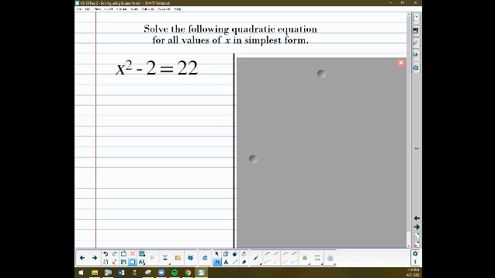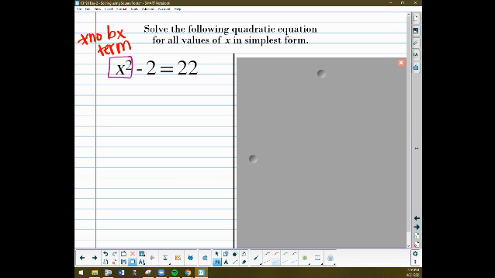So I've got x squared minus 2. Now remember, these have no bx term, right? I've got a and I've got c and I've got something on the other end. They have no bx part in the middle, and that's why I can use the square root property. Okay, so just like the last one, I want to get x squared all by itself.